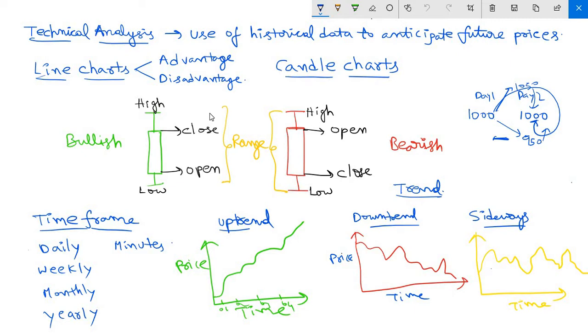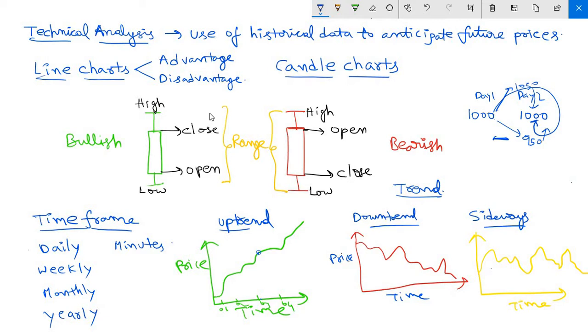So let's see what happens. What's the first thing we have? We have a particular point here, and at a particular time, this is representing only one price. So I need to somehow make it in such a way that I get more details in one single point.